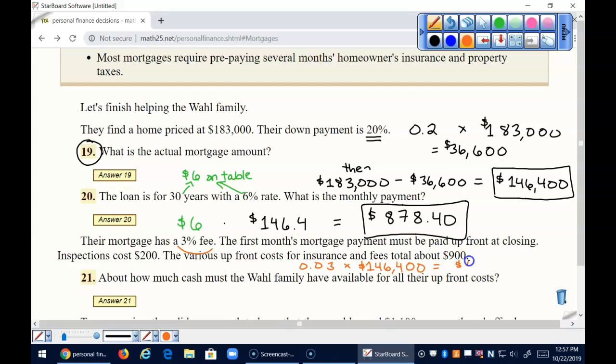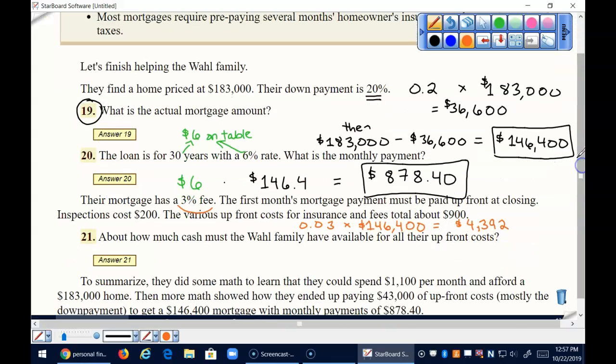So that's 4,392, which is how the mortgage broker makes a living. And the first month's mortgage, well, that's this amount. And the inspections and other things are 200 and 900. And then you add up all these numbers. How much do they have to have for all their upfront costs?